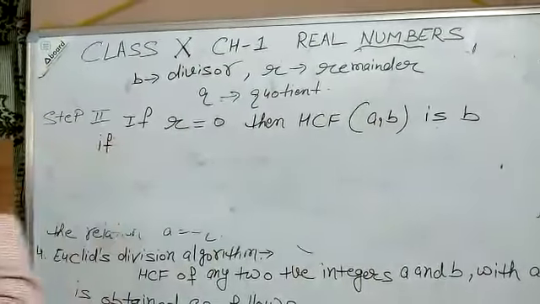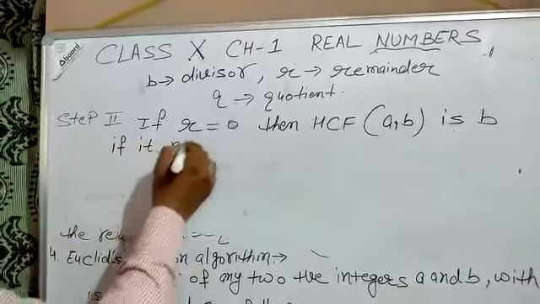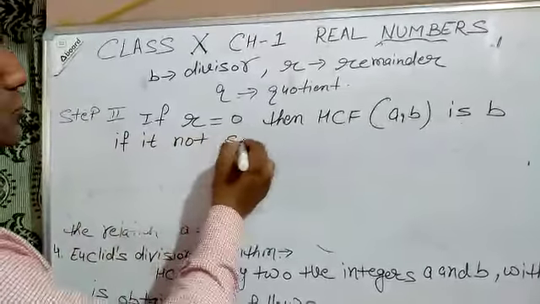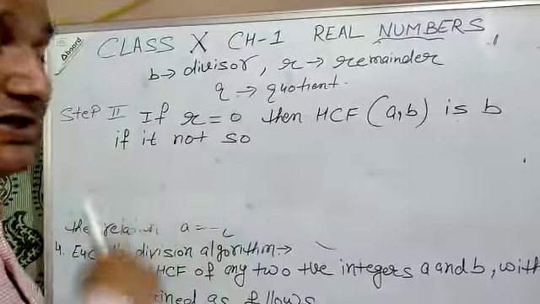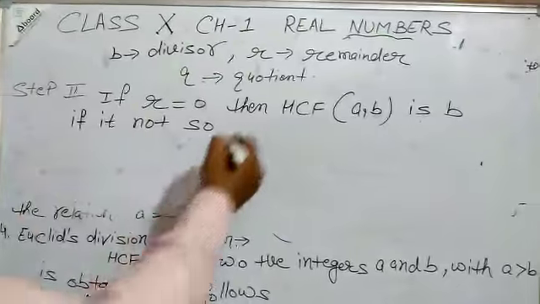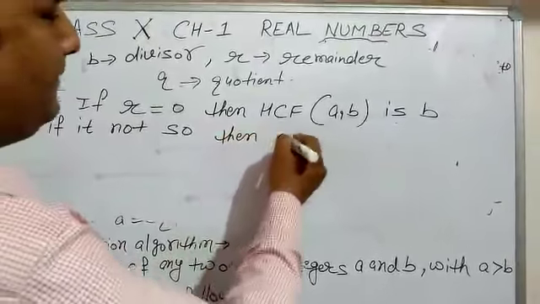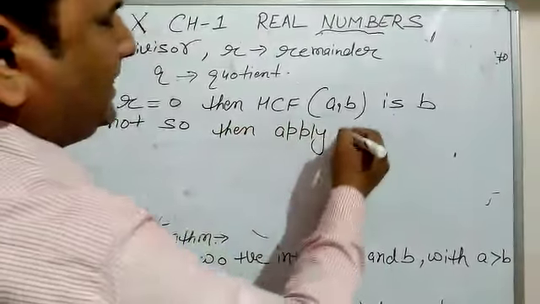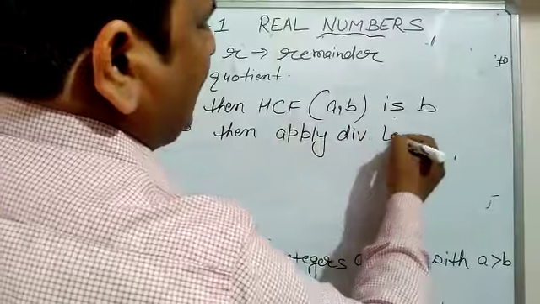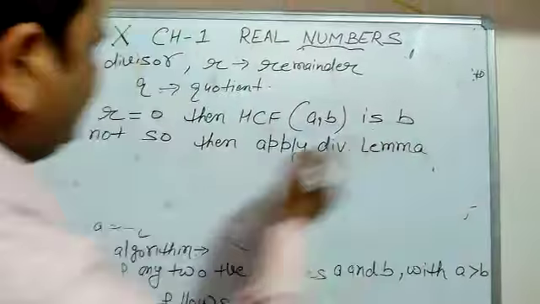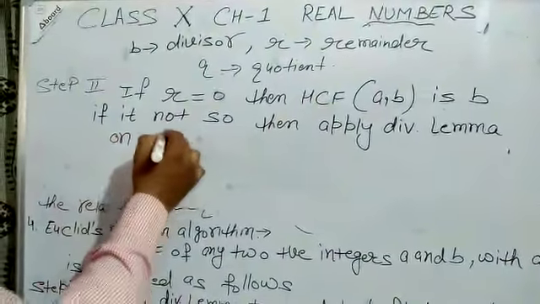If it is not so, meaning if your remainder is not equal to 0, then apply the division lemma on b and r.